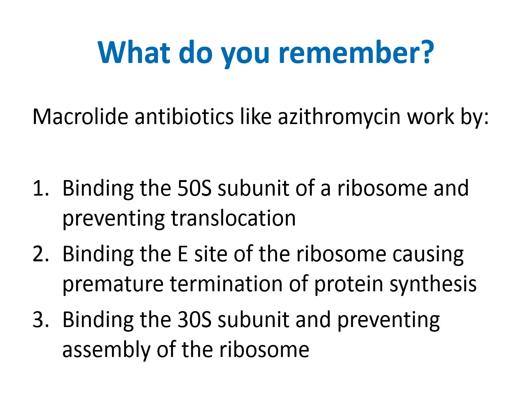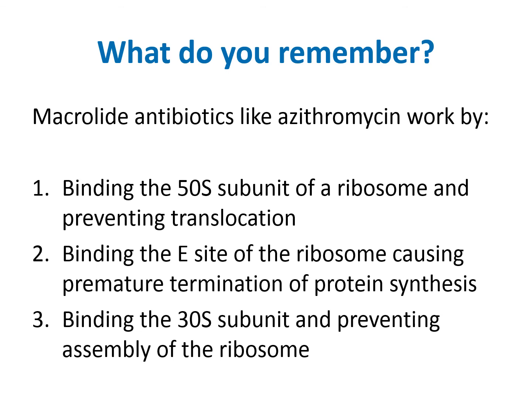Here's another practice question. What do you remember? Macrolide antibiotics like azithromycin, remember that's your Z-Pak, work by, is it number 1, binding the 50S subunit of a ribosome and preventing translocation? Is it binding the E site of the ribosome, causing premature termination of protein synthesis?